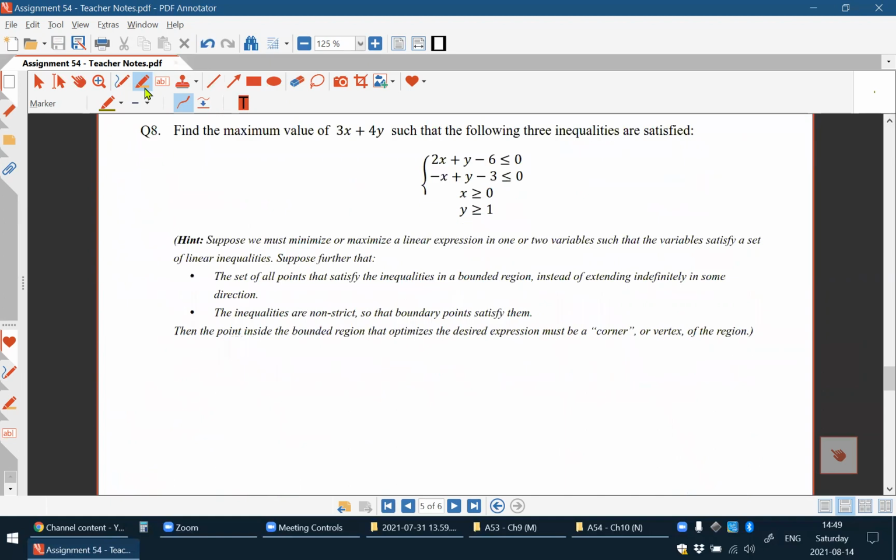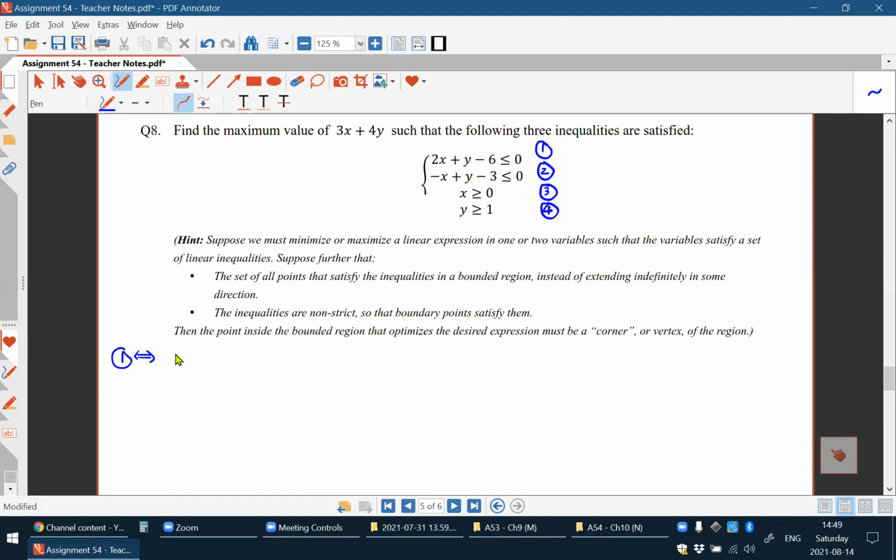Okay, so first of all, let's label the 4 inequalities here. Number 1, 2, 3, 4, respectively. Okay, so inequality number 1 is equivalent to, remember, in order to find the shaded area, we need to separate x and y and find the line in the slope-intercept form, right?